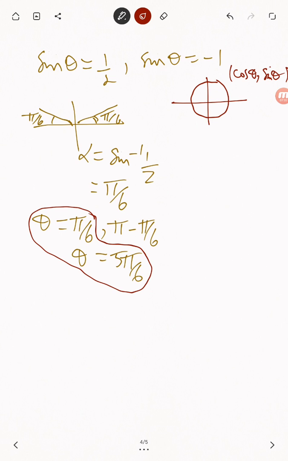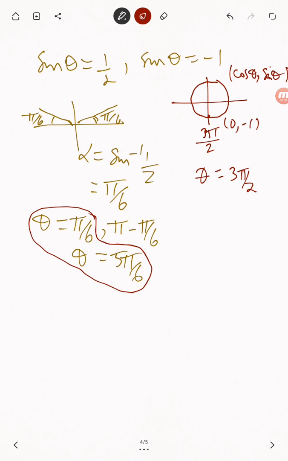So we're looking for the second coordinate to be -1. That would be down here at 3 pi over 2, because the coordinates of that point would be 0, -1. And that means that theta in this case is equal to 3 pi over 2.